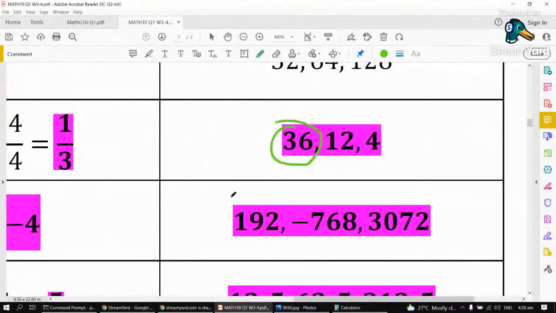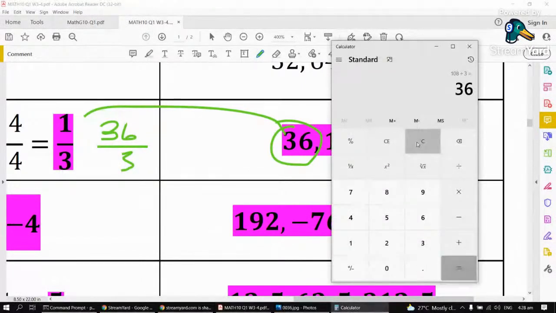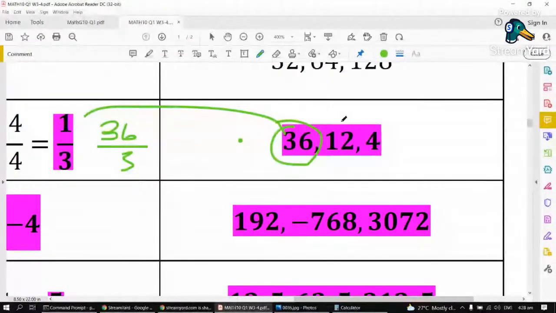Yun, 36. 36 times the common ratio, 1/3. So that's equals to 36 times 1 is 36 divided by 3. 36 divided by 3 is 12. That's why may 12 tayo dun.